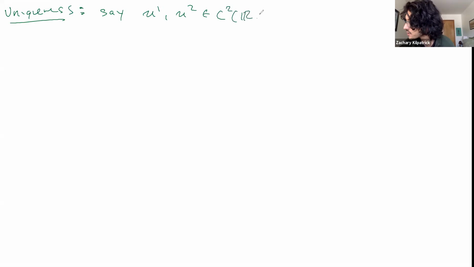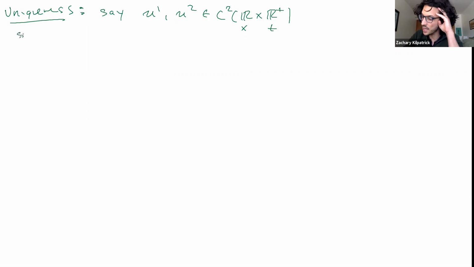So let's say that we have two solutions, u1 and u2, that are both twice continuously differentiable on the region for x in R and also t in R plus.